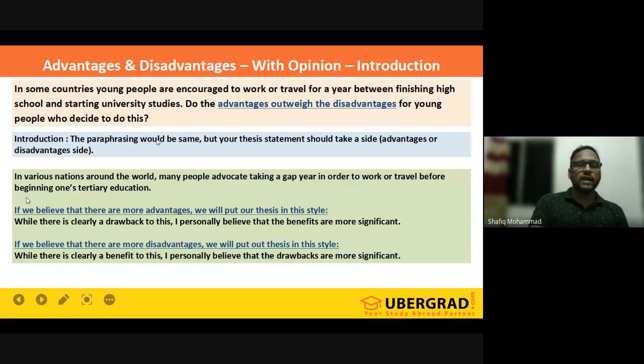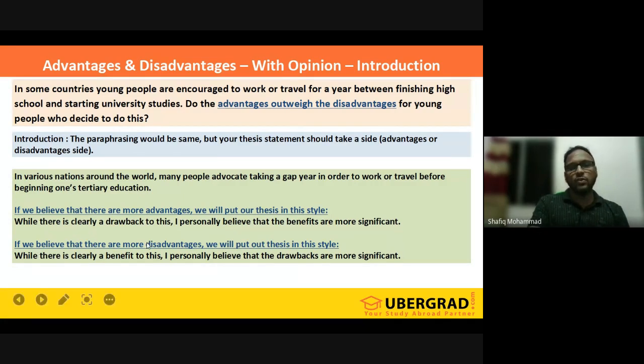You can also start writing like this: I believe that though there are some drawbacks, the benefits are more significant than the drawbacks or the cons. You can write in any way. Here he's supporting the advantages.